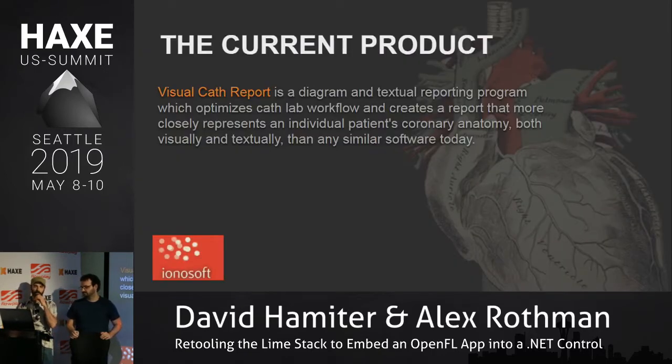So the current product is, as stated, basically a Swift engine embedded in a .NET control to be plopped in some vendor software. What it does is, you go in for a heart cath, you need a coronary tree diagram.